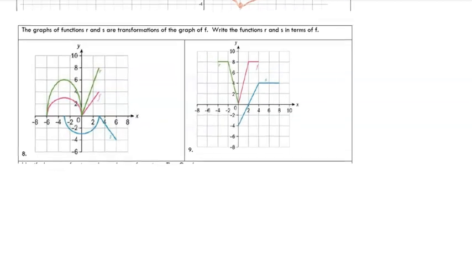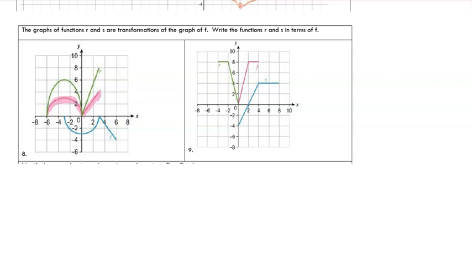Whew. Okay, so what we are looking at over here is F. F right here and right there. F is that function, and everything got transformed from it.